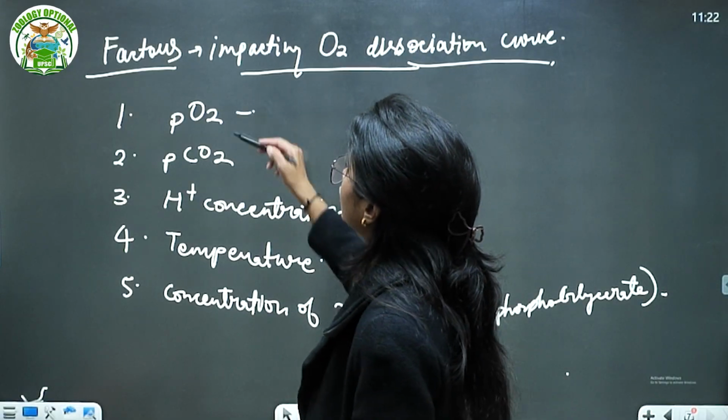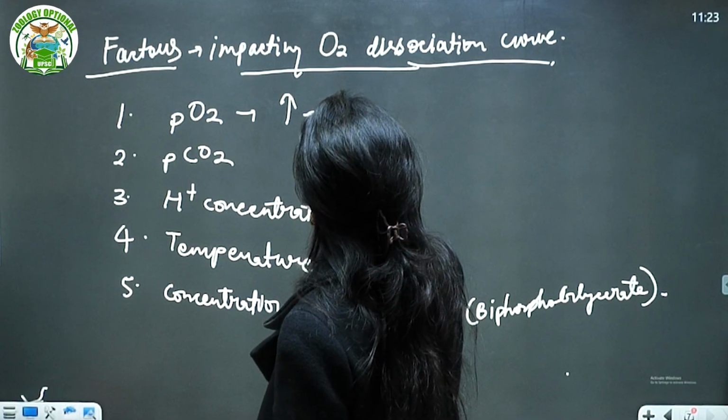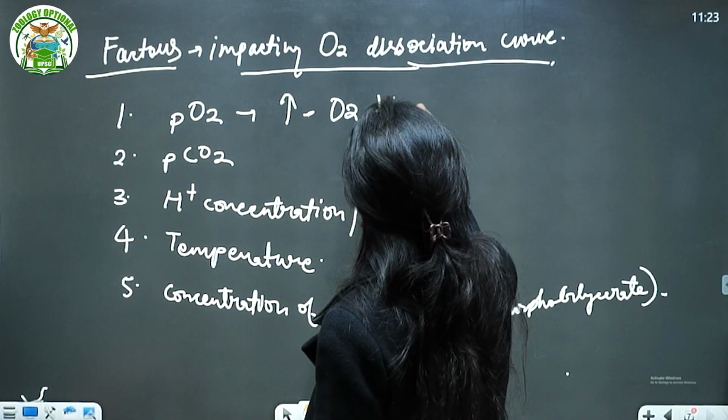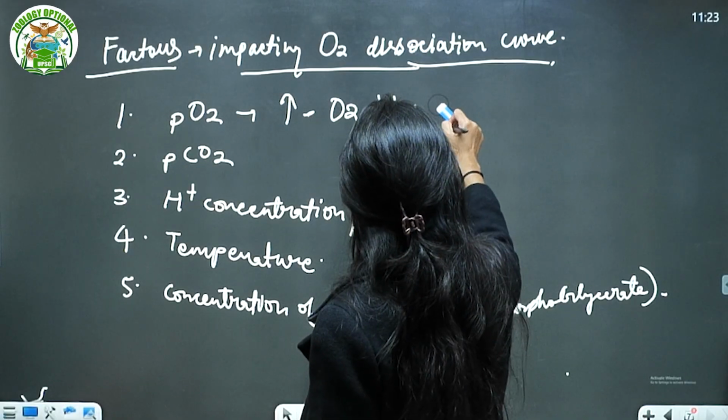As we know about PO2, if it is high, then oxygen binding capacity will be high.